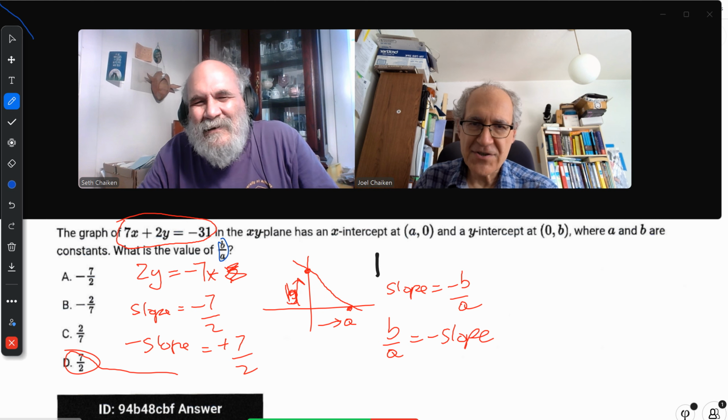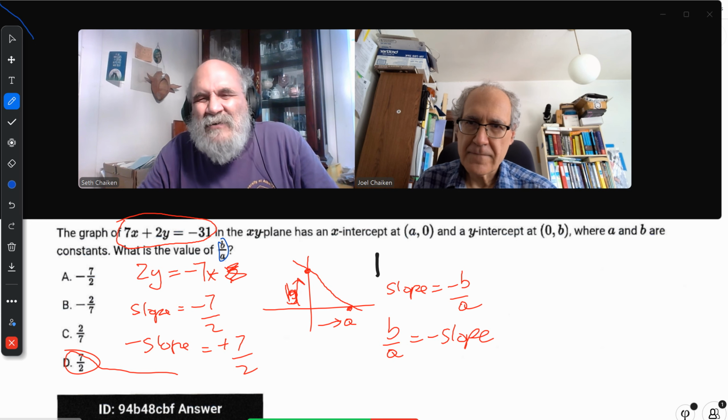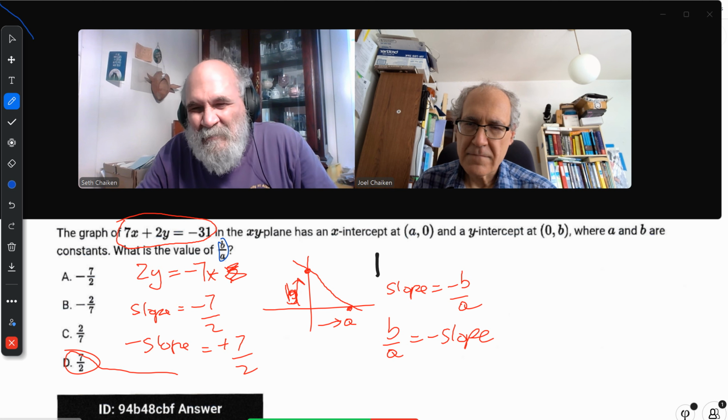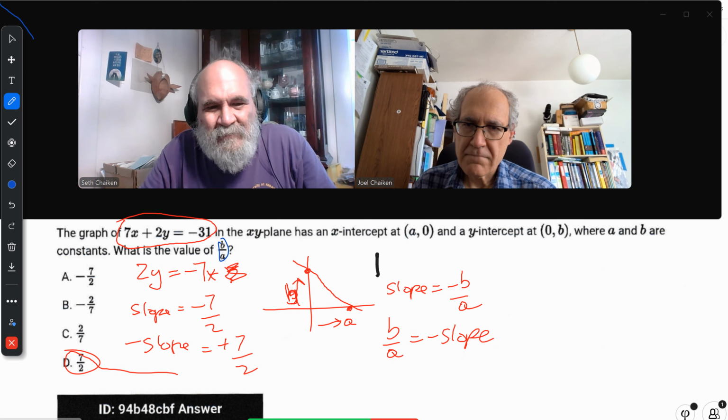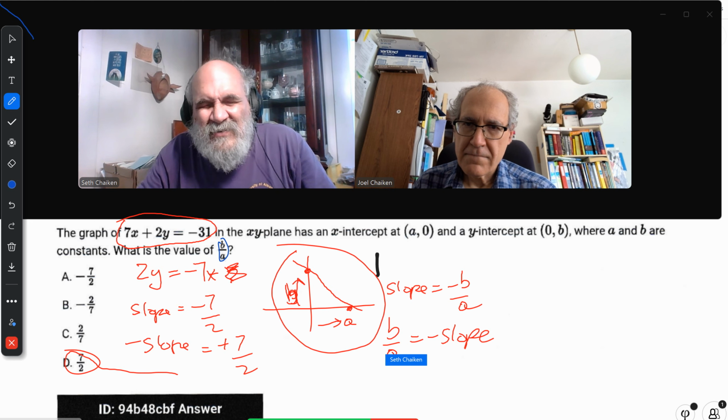Anytime you're asked questions like this, I quickly realized that the ratio is related to the slope. And then I had to visualize this picture to realize that the ratio is the negative of the slope.